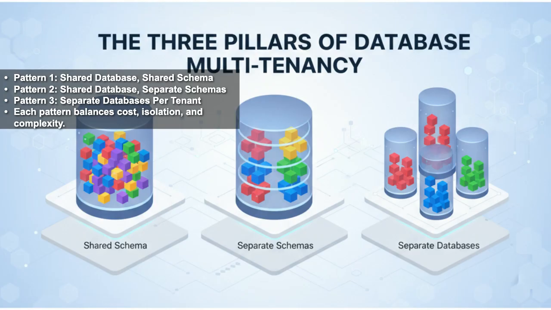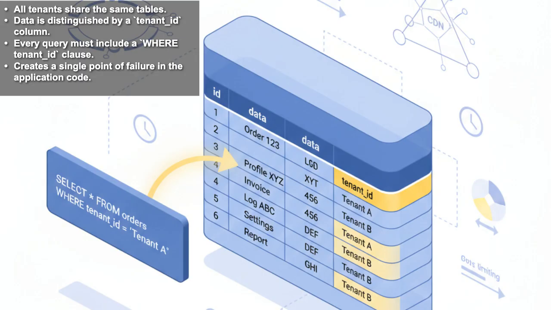of security and trust. At the core of multi-tenancy lies a fundamental decision about data isolation. There are three primary patterns, each with significant trade-offs. First, the shared database shared schema model, where all tenants coexist in the same tables identified by a tenant ID.